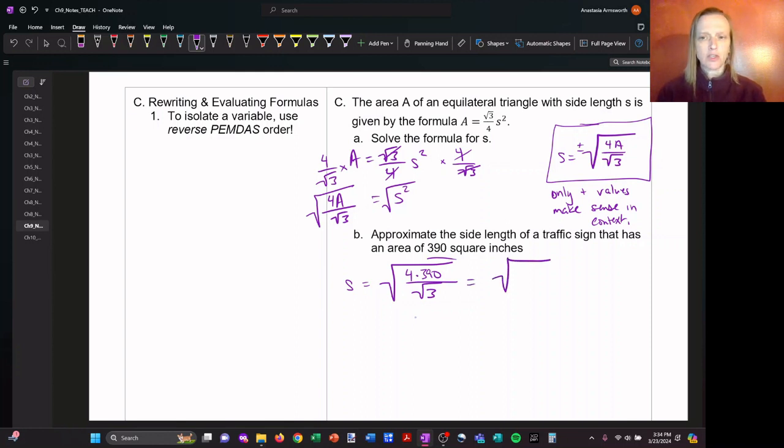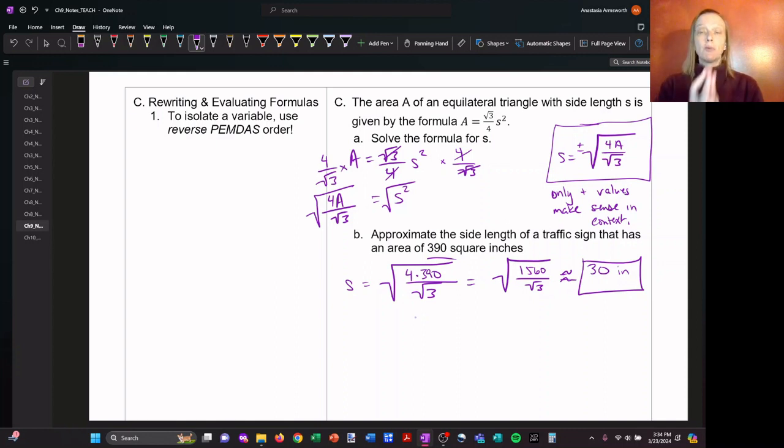So I'm going to have the square root of 1560 divided by the square root of 3. And if you plug all that into your calculator, you will get that the side length is approximately 30 inches. And again, only the positive answer makes sense in the context of this question.